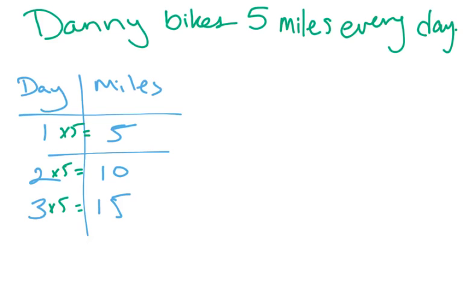So if there's nothing there, you have to define your variable. You have to write a little mini sentence that says D, or whatever other variable you're choosing, equals number of days. That hashtag is actually a number sign, so you can write that.